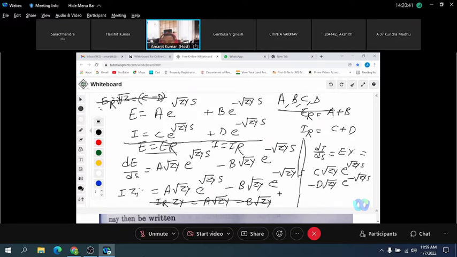So ER is equal to IR into ZR. So ER upon IR is equal to ZR. ZR is the termination resistance or the impedance at the receiving end. So ER is equal to IR into ZR.